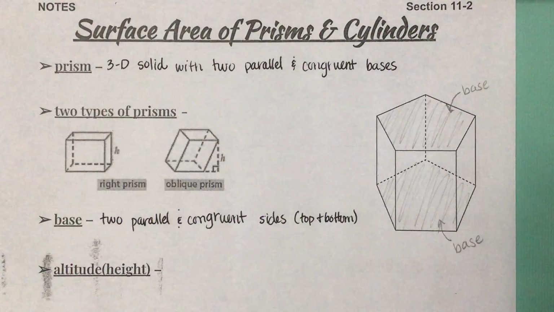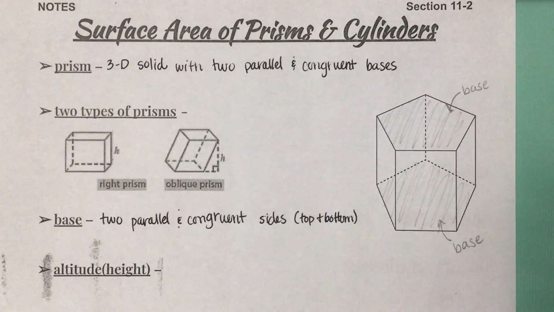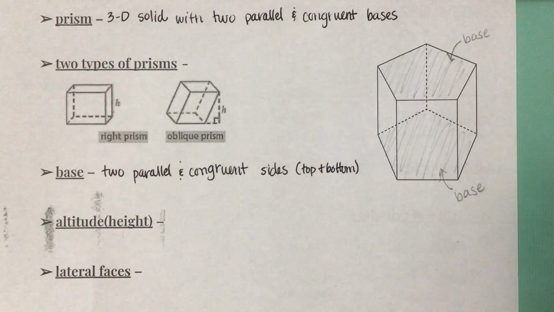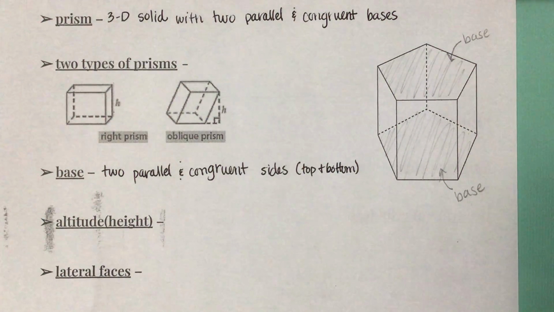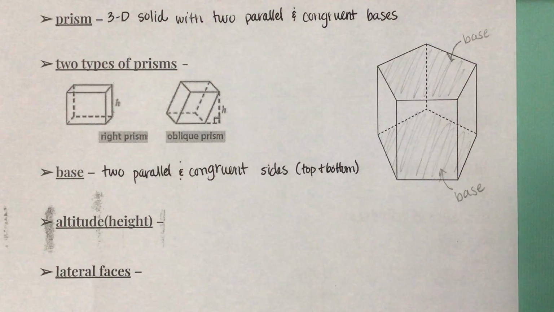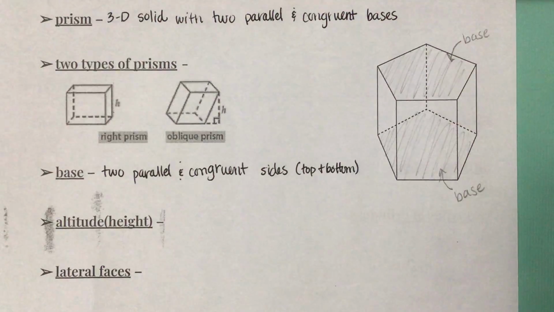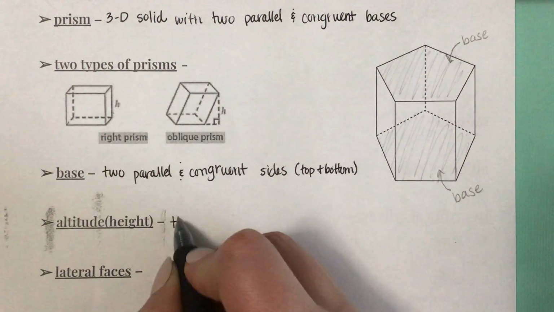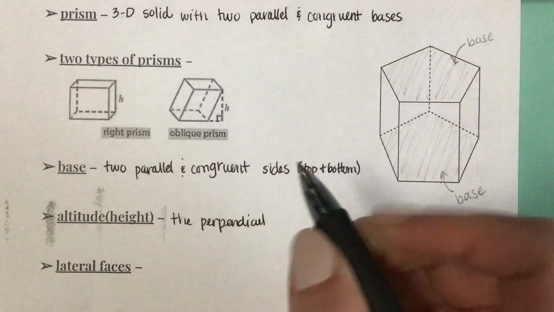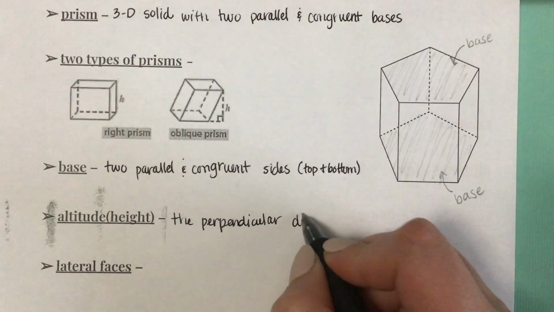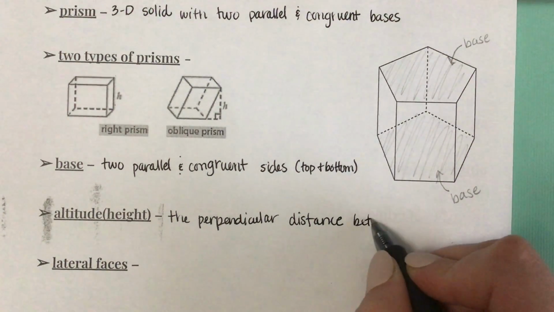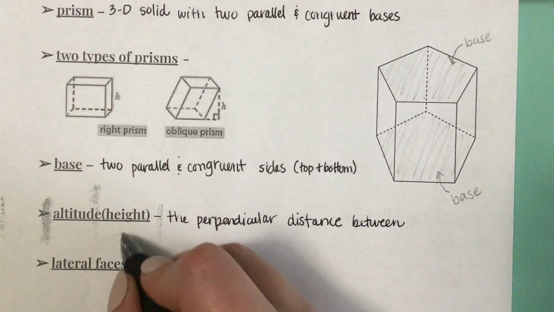Okay, now we also have something called an altitude or a height, and that is going to be the perpendicular distance between the two bases. So the altitude or height, it basically means the same thing. They're almost interchangeable. There's just a slight little nuance, but we're not going to worry about that. So if we say altitude or height, we mean the perpendicular distance between the two bases.